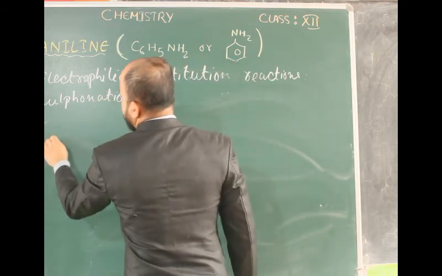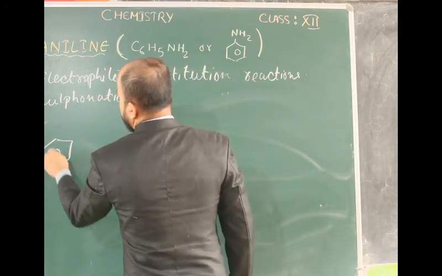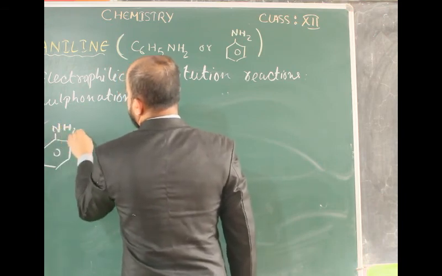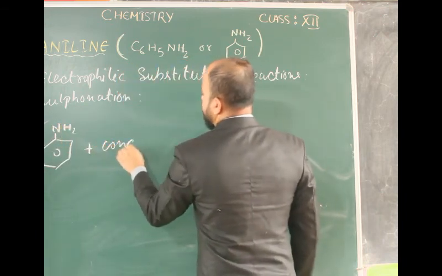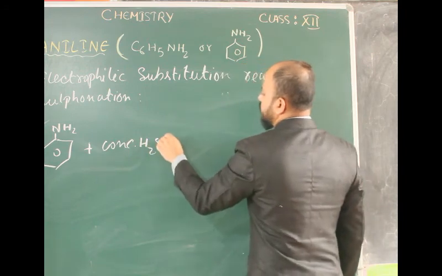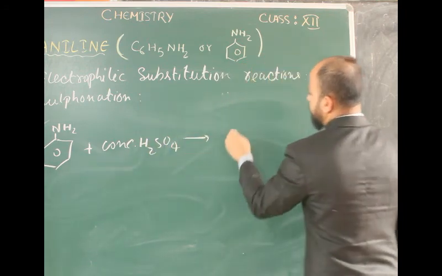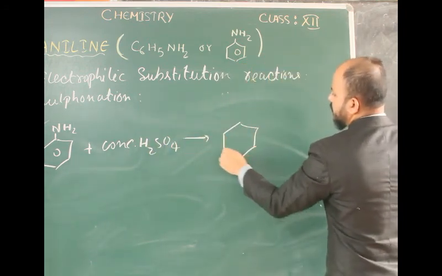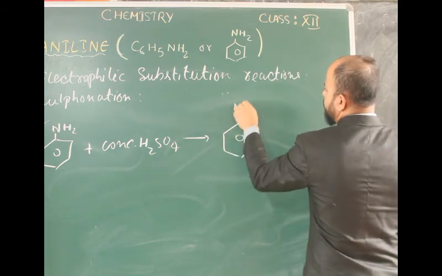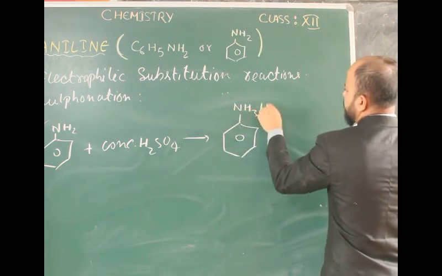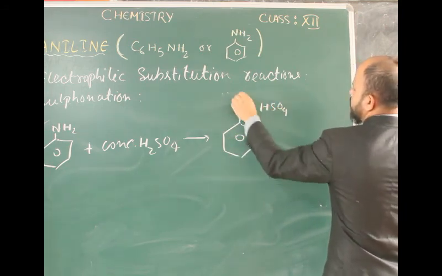Whenever aniline reacts with concentrated sulfuric acid, what will happen at first? We get an intermediate compound, NH3+ HSO4-, this is positive, this is negative.